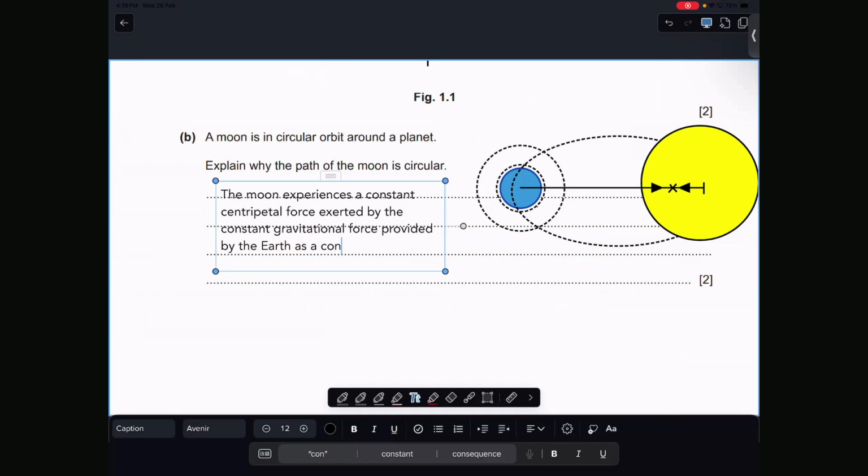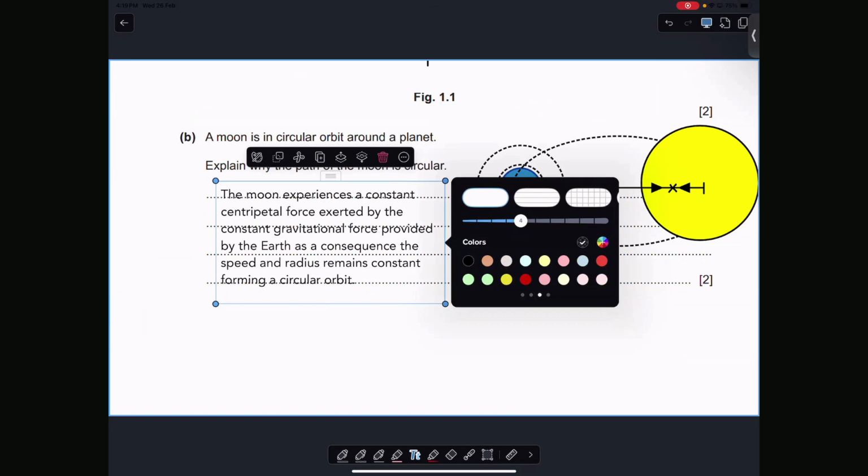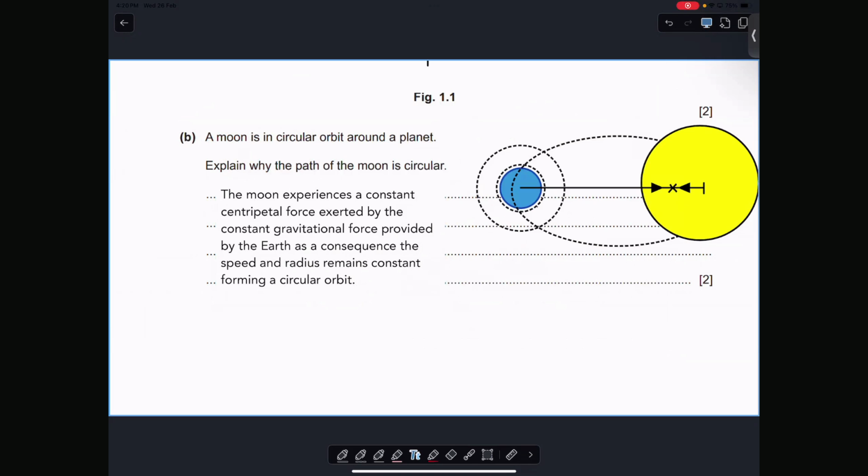As a consequence, the speed and radius remain constant, forming a circular orbit. Constant gravitational force provides a constant centripetal force.